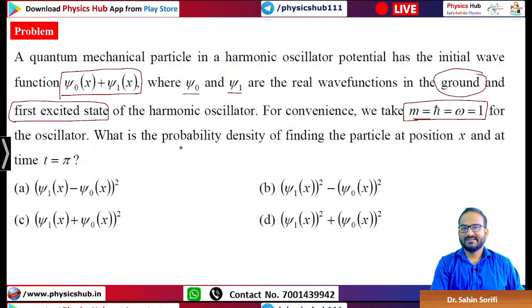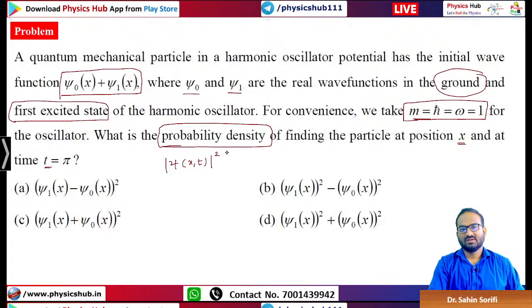What is the probability density, mod psi square, of finding the particle at position x and at time t equals pi? So you have to find out the probability density at time t equals pi. Understood? Do it.